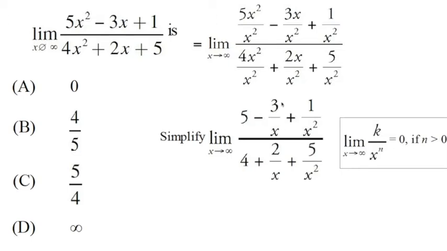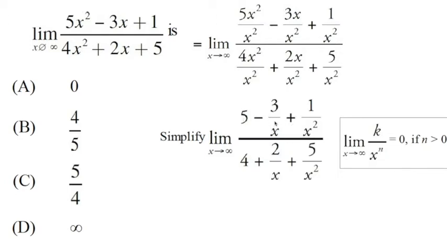Meaning that if we divide anything by a very, very large number, then it comes close to 0. We can imagine the diminishing function as x increases in value. If x is 10, then 3 over x to the first is 3 over 10, or 30%, and 3 over x squared is 3 over 100, or 3%. X cubed is 1,000, so 3 over 1,000 is 0.3%. And so we would see that number grow smaller and smaller, close to 0.